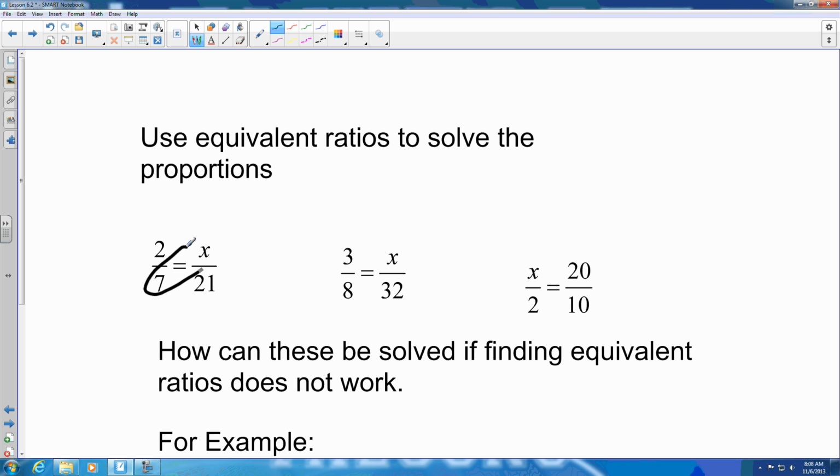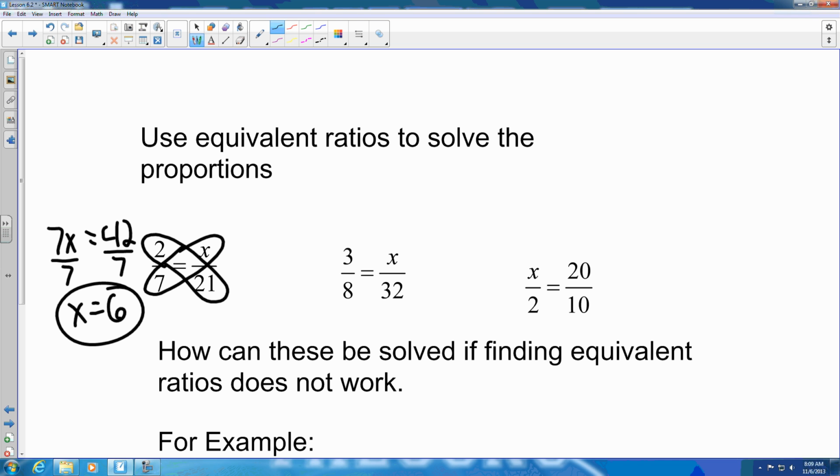So I'm going to take the cross products of this, so that's going to leave me with 7x, and it's going to equal 2 times 21, which is 42. And then from things that we learned in previous chapters, we're going to divide both sides by 7, which leaves me with x equals 6.